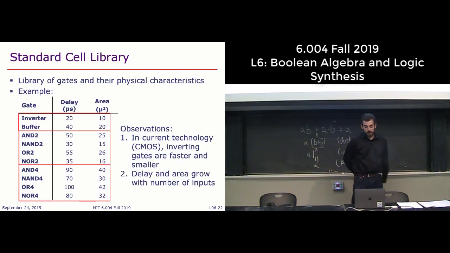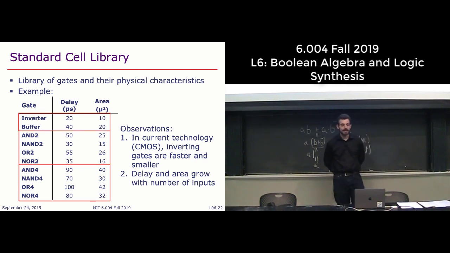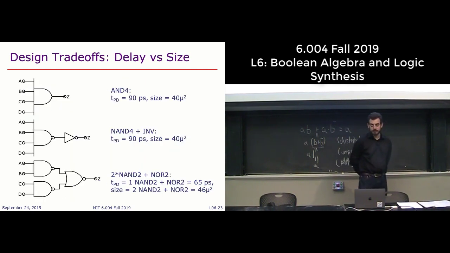The other detail here is that gates with more inputs take more area, because they use more transistors, and also have more delay. We'll see exactly why in a couple of lectures.